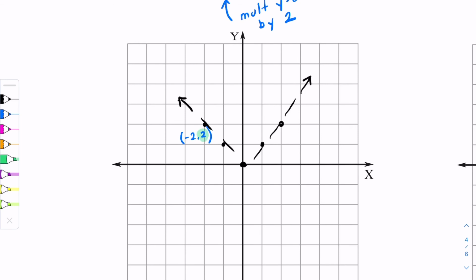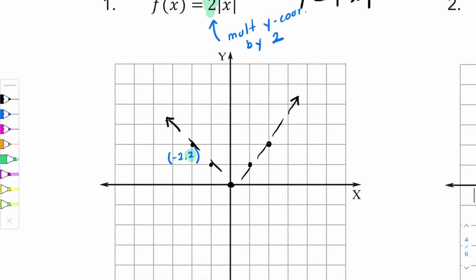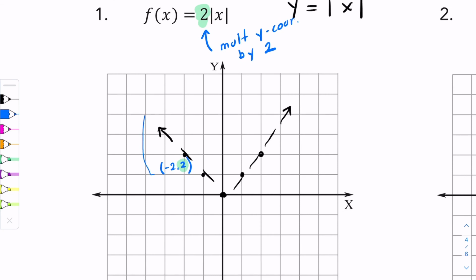The y-coordinate is 2. We're going to have to multiply the y-coordinate by 2 in order to graph that dilation. So multiplying this y-coordinate by 2 would be 2 times 2, which is 4. So our new graph is going to have a point at 4.